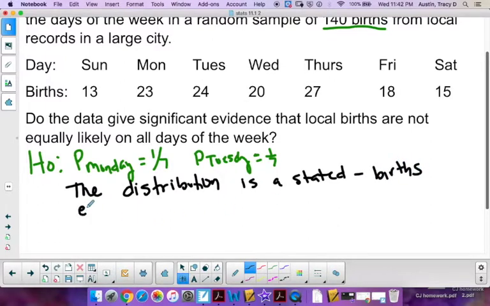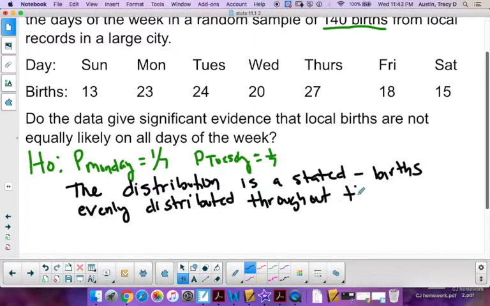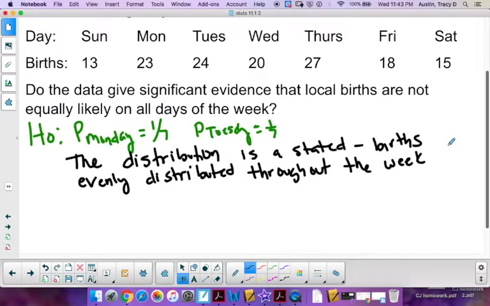Births evenly distributed throughout the week. Okay, and that's basically referring back to what it says in the statement. You're basically regurgitating it back to them, which is what we normally do. So the distribution is as stated, births evenly distributed throughout the week.